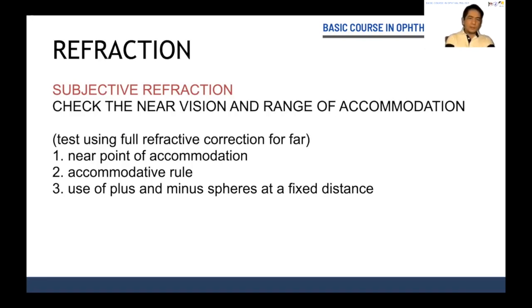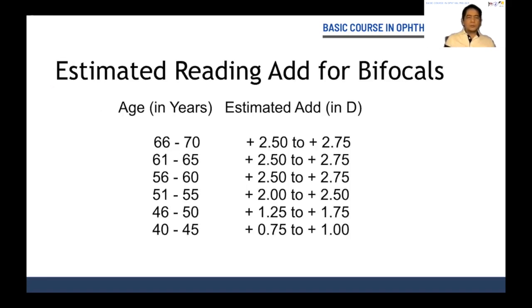So there are several tests to do that. The near point of accommodation, the accommodative rule, and the use of plus and minus sphere at a fixed distance. These are actually discussed in different lectures. Now, the easiest way to give the bifocal correction for presbyopics is by determining the age of the patient, and there is an estimated reading add for every range of age.